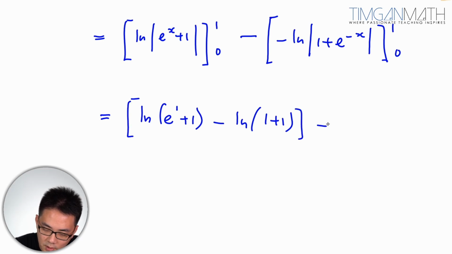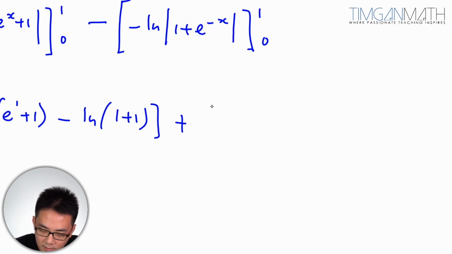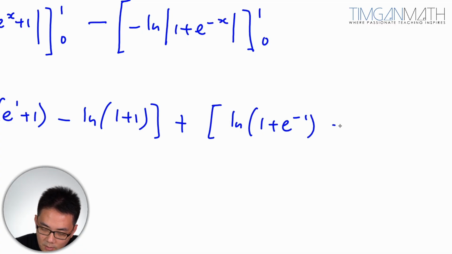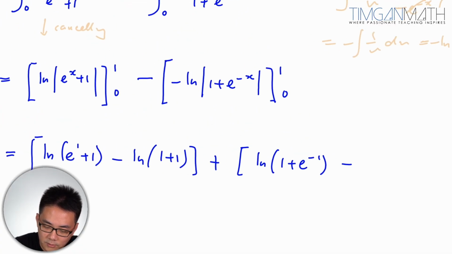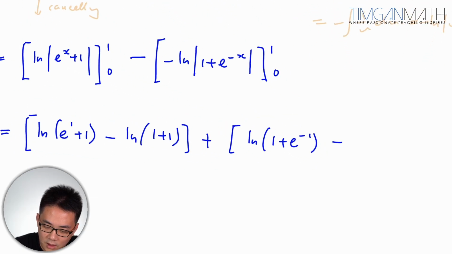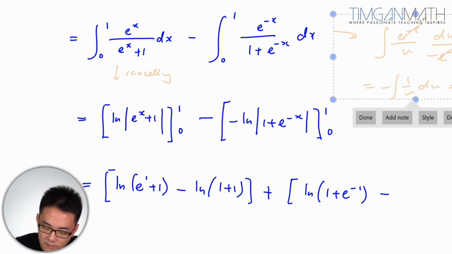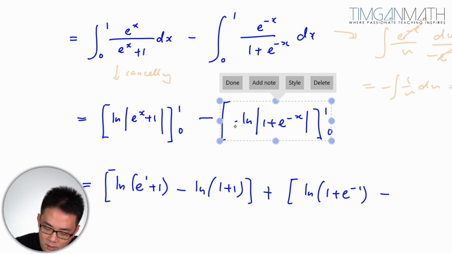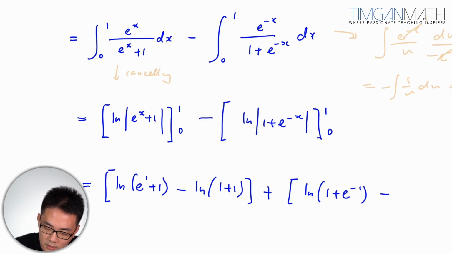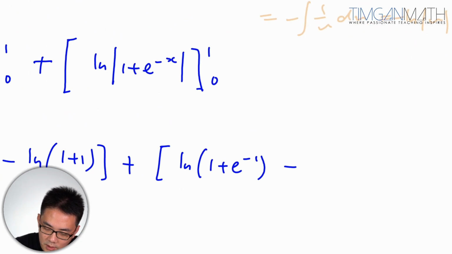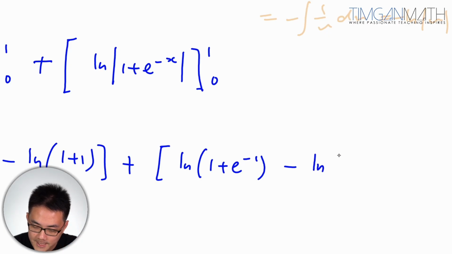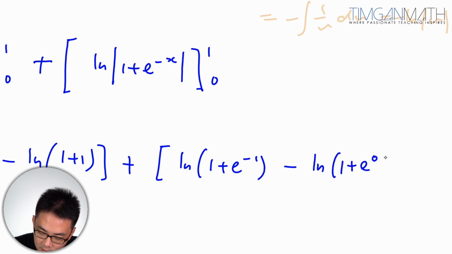And after which we're going to get ln(1 plus e^(-1)) minus of that. I'm just going to absorb this negative in, so this would be just plus, so this will be ln(1 plus e^0).